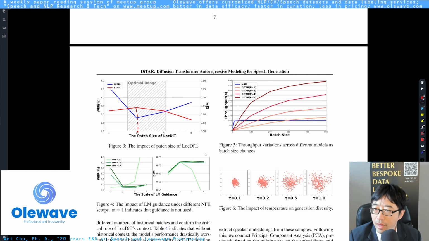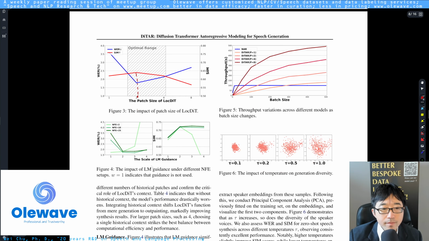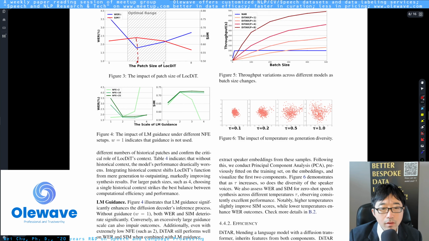And they also play with the batch size. For NAR, non-autoregressive, the batch size and throughput, this is about acceleration of the speed. This is common sense. Scale of LM guidance. Without guidance is omega equal to 1. This is omega.